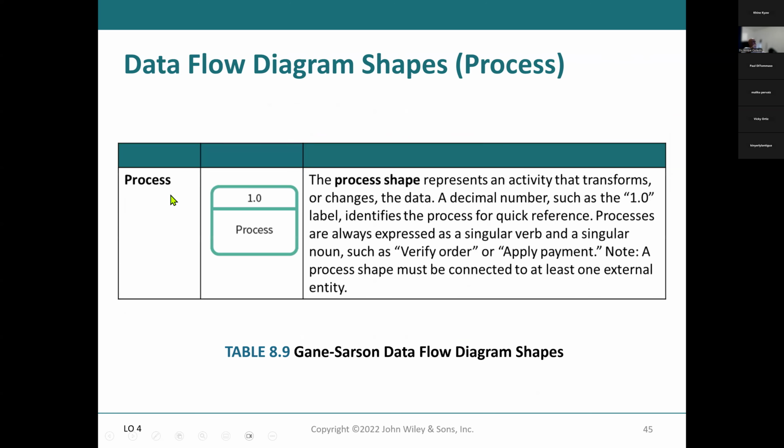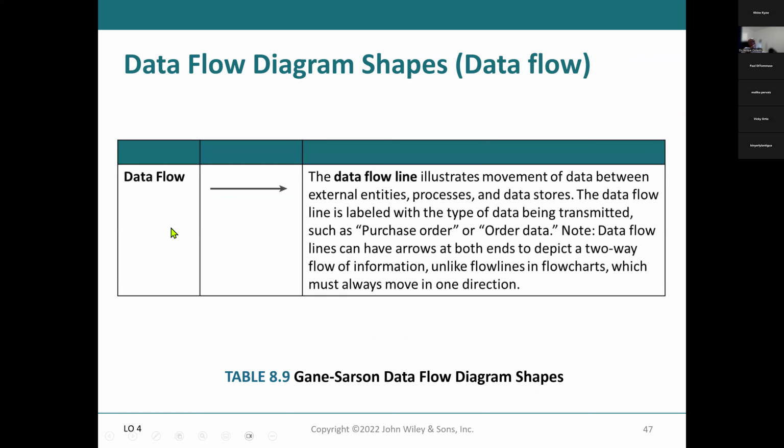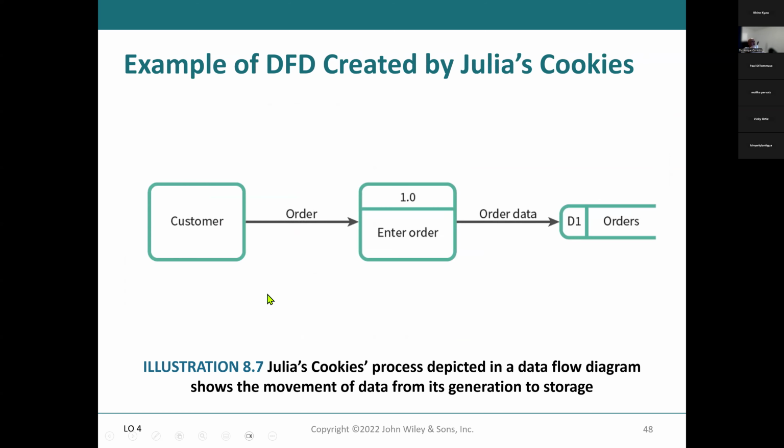And I'm going to just move to where we actually have a data flow diagram. Okay. So it's basically at a broad level, customer, orders getting entered, and then orders.